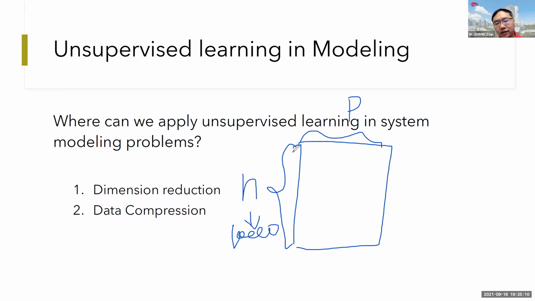We can cluster the data points that share the same similarity, cluster them as one, and use the centroid as the representation of this group of data points, so that we can reduce the size of the whole data set according to the n dimension.